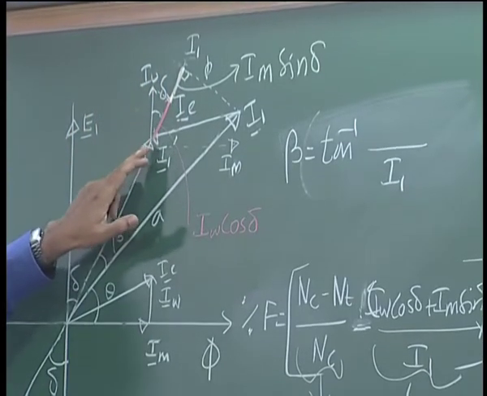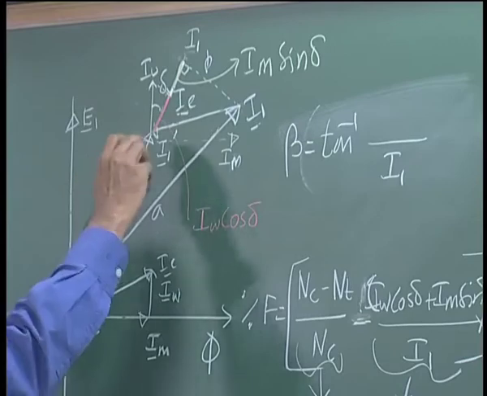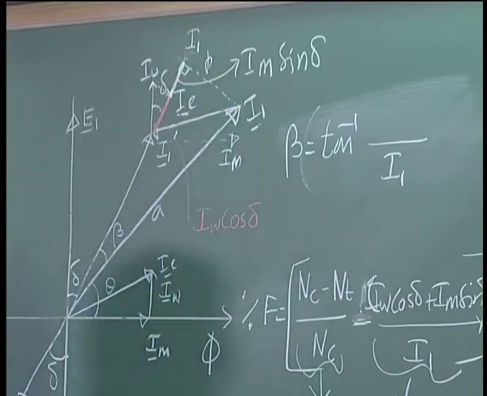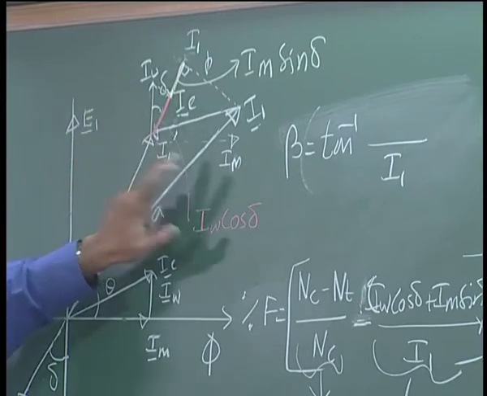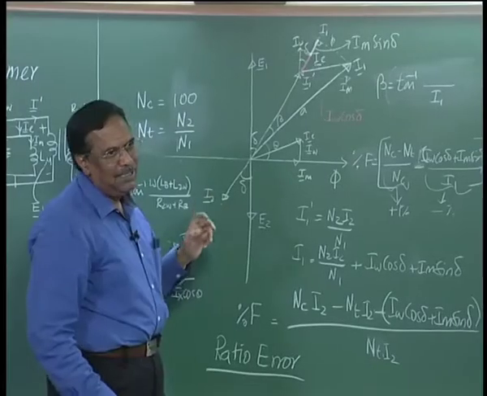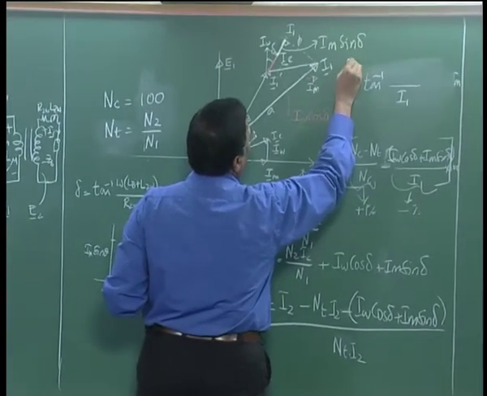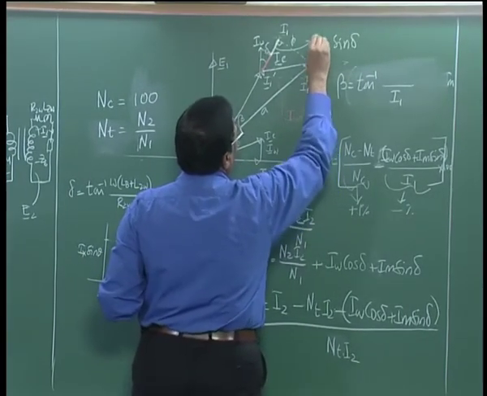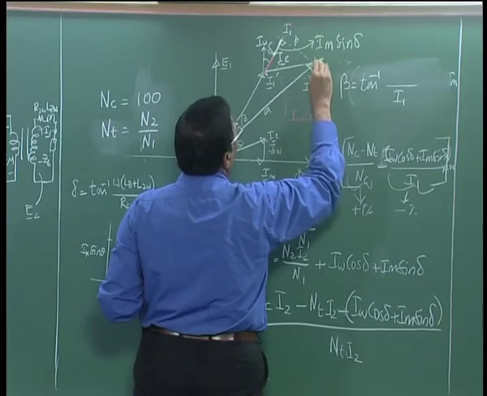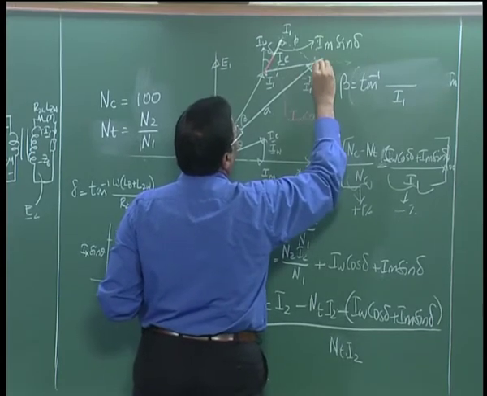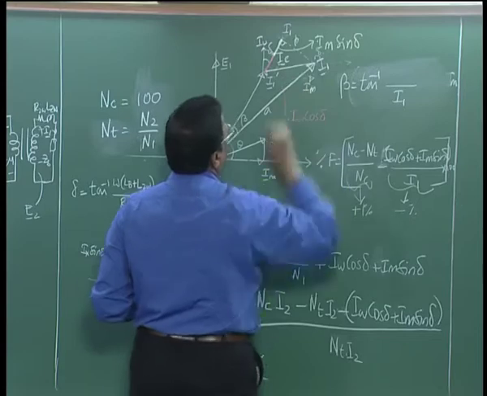B is the component of IE on this axis. IE itself is made of IW and IM, right. So if I look at IM to be in this direction, and this would be delta, right.